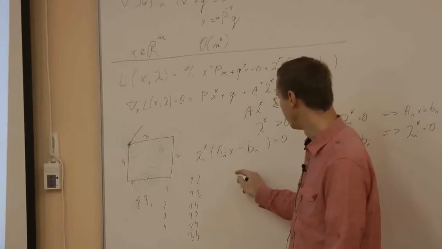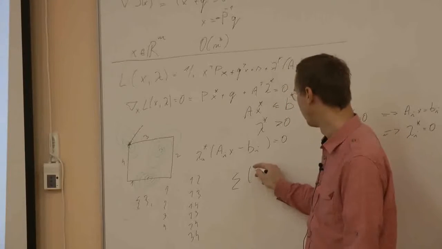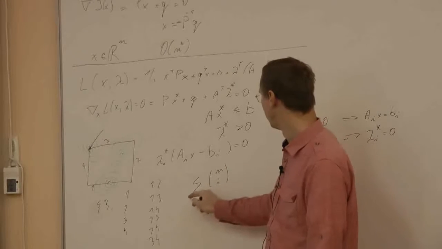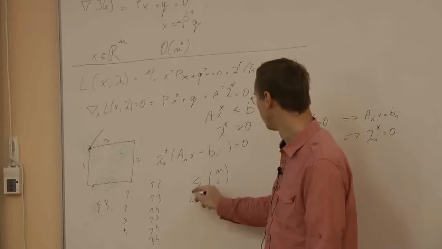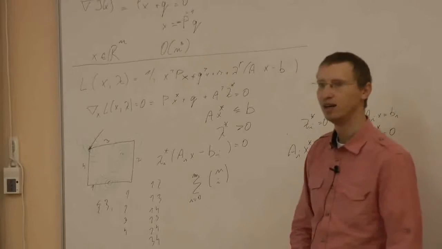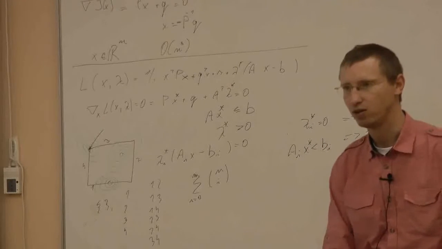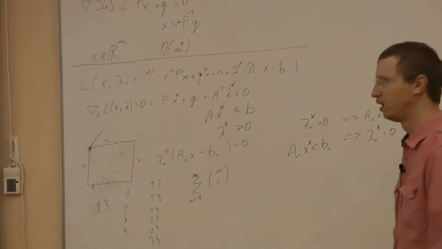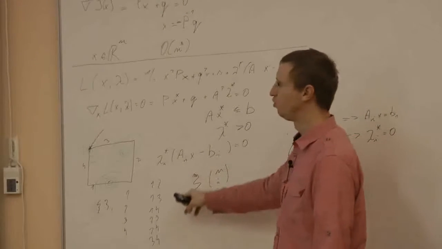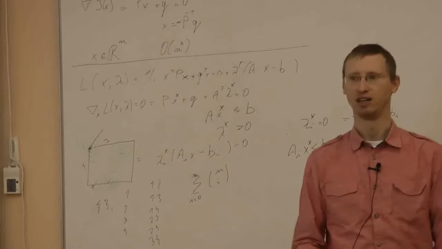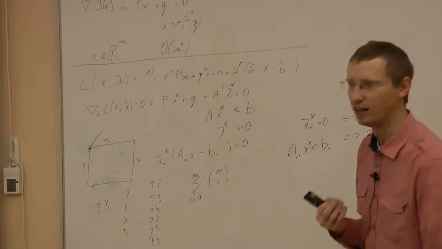Essentially here it was the sum of n over i, where i goes from 0 to the number of constraints. That was the upper bound on the number of active set combinations that we would need to consider. For each of these, we would need to do one matrix inversion because we need to solve the system of linear equations.